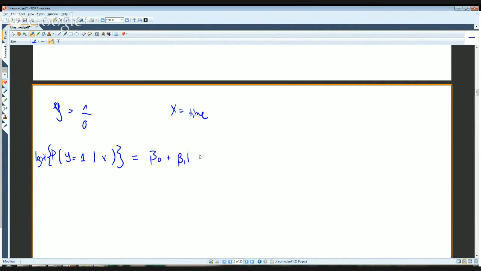So the logit, just to remind everyone, is the log of the probability y equals 1 given x equals little x divided by the probability y equals 0 given x equals little x. So this is the odds, right? The probability divided by 1 minus the probability.